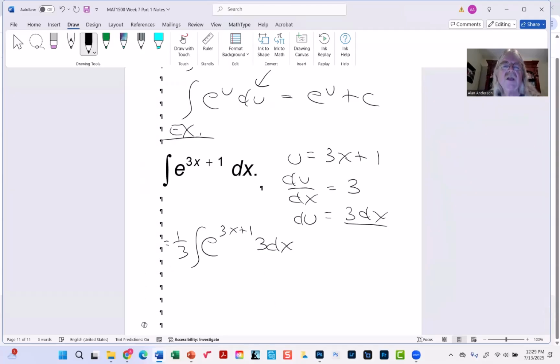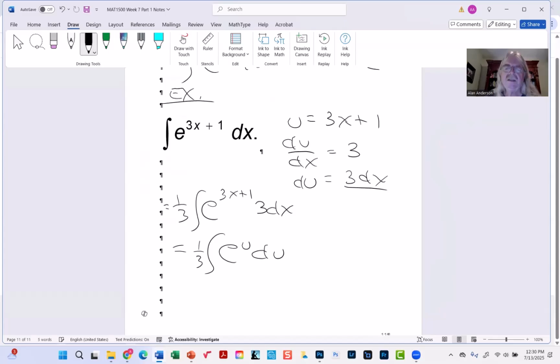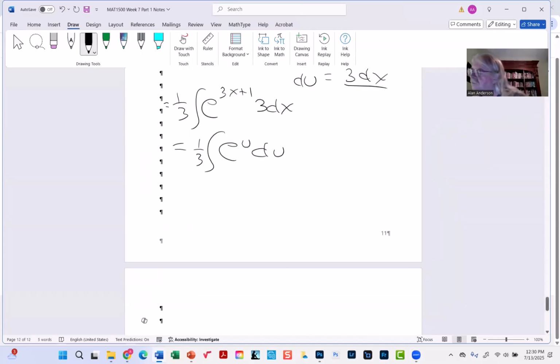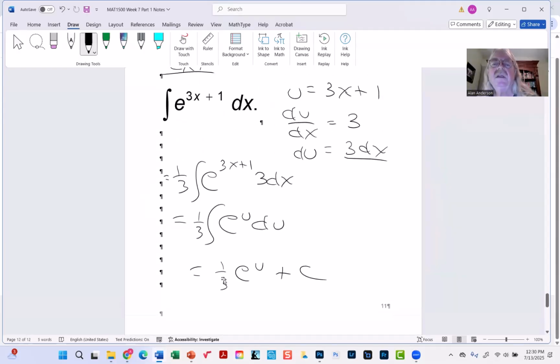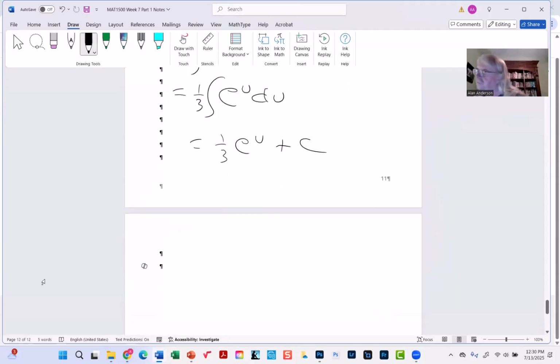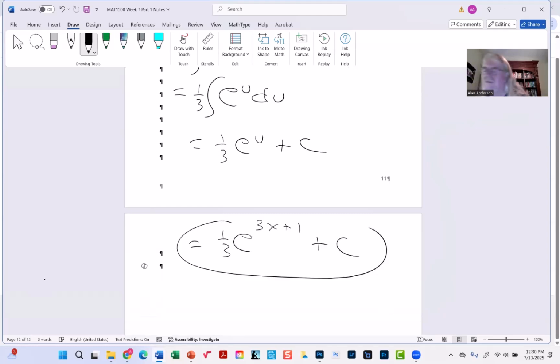It has the same value, but now we have 1/3 e to the u du. What do you know? And we already know that this equals, and of course, since we define u to be 3x plus 1, this is our final answer.